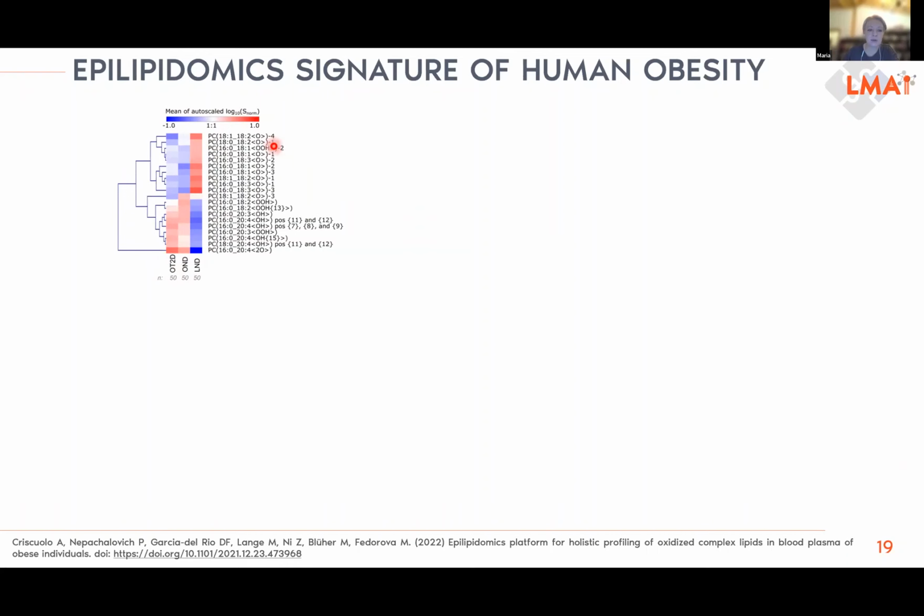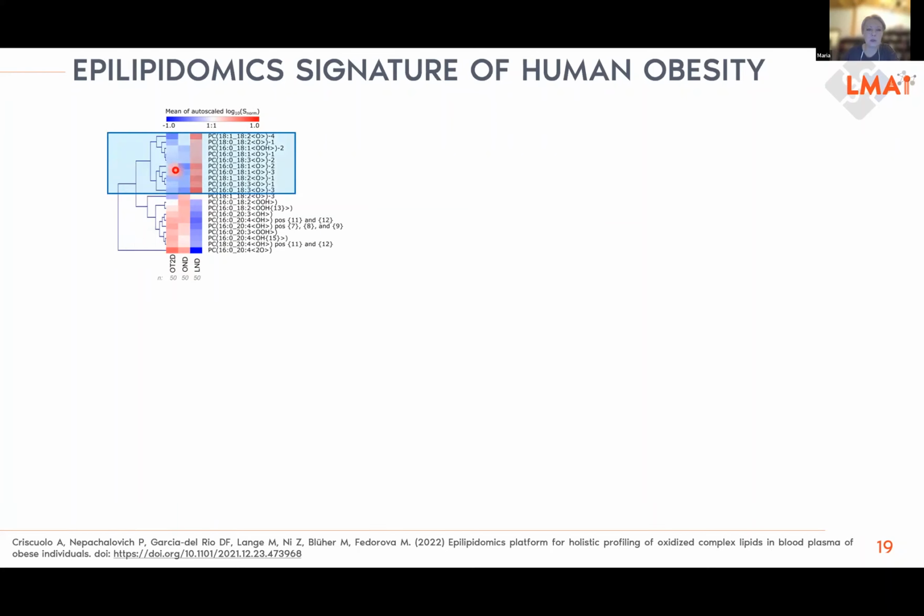We can see that already in lean individuals, there is a group of oxidized phosphatidylcholines present in much higher quantities relative to the obese ones. And there is another group of oxidized phospholipids present in higher quantities in obese individuals. So there's a clear separation between lean and obese individuals in the pattern of their oxidized phosphatidylcholines.